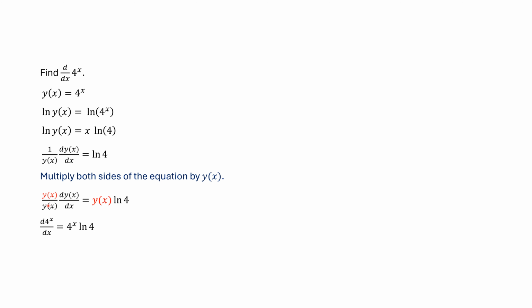Again, we have to put the y of x back in to cancel that 1 over y of x. We have to do it on both sides, so the derivative of 4 to the x is 4 to the x log of 4.